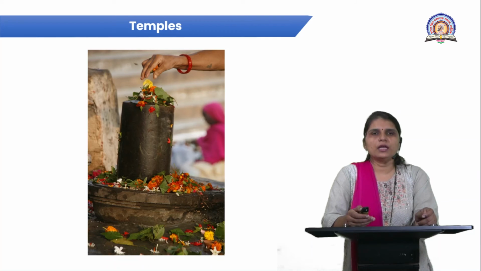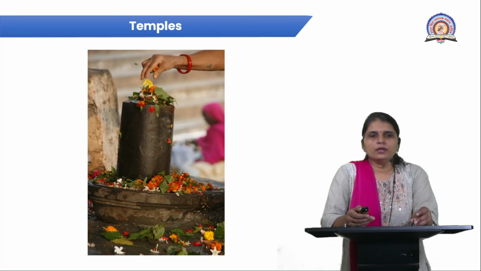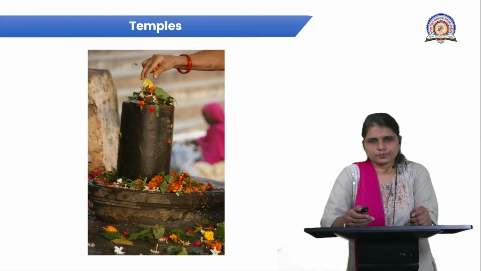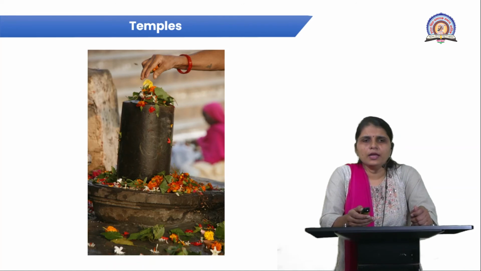Then Tulsi, like God Vitthal, is very useful for diseases like cough and cold. The decoction of Tulsi is useful. The botanical name of Tulsi is Ocimum sanctum. The decoction of this Tulsi is used for cough and cold.